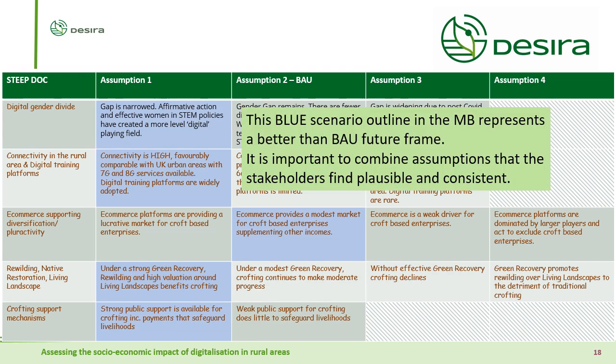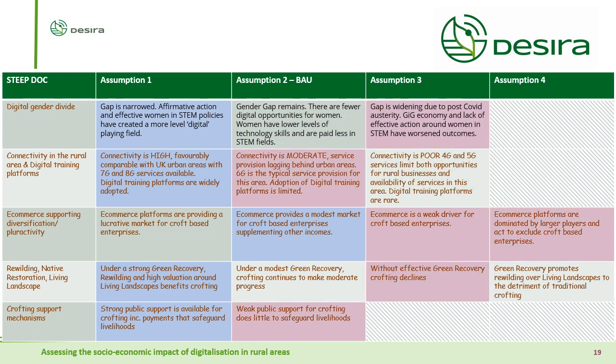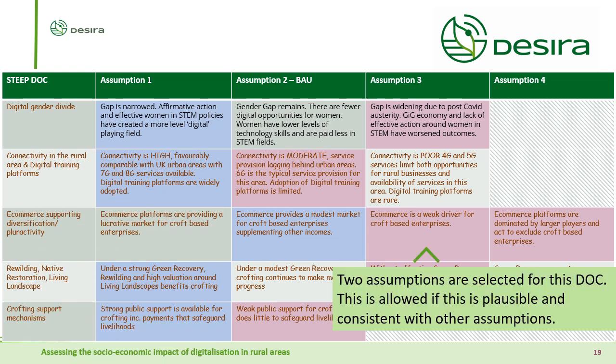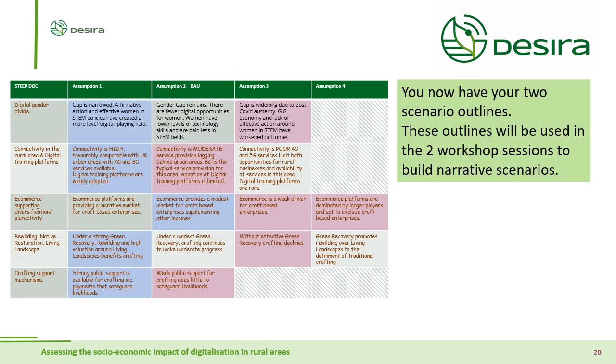The animation shows a blue scenario outline in the morphological box, representing a better than business as usual future frame. It is important to combine assumptions that the stakeholders find both plausible and consistent. The pink scenario outline represents a worse than business as usual future, but not the worst case scenario. 2 assumptions are selected for this driver of change, and this is allowed if this is both plausible and consistent with other assumptions.